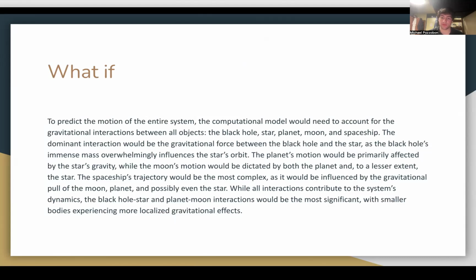The planet's motion would be primarily affected by the star's gravity, while the moon's motion would be dictated by both the planet and, to a lesser extent, the star. The spaceship's trajectory would be the most complex, as it would be influenced by the gravitation of the moon, the planet, and possibly even the star, while all interactions could contribute to the system's dynamics. The black hole, star, planet, and moon interactions would be the most significant, with smaller bodies experiencing more localized gravitational effects.